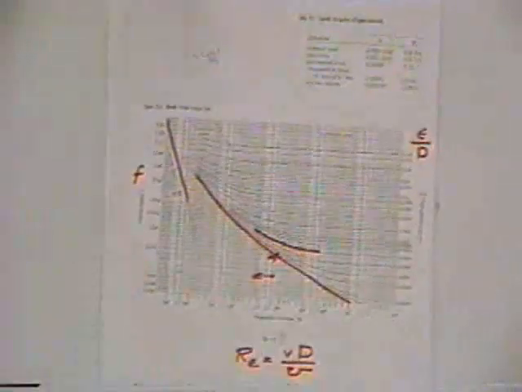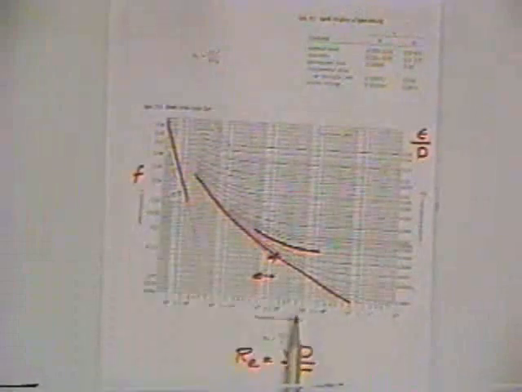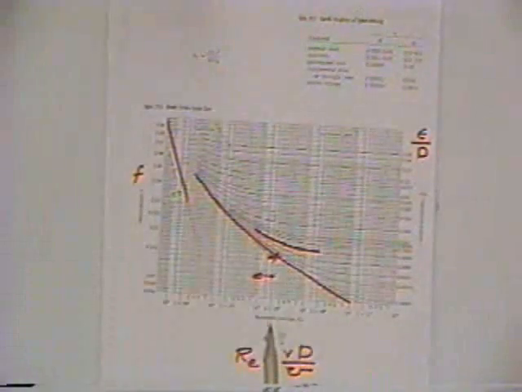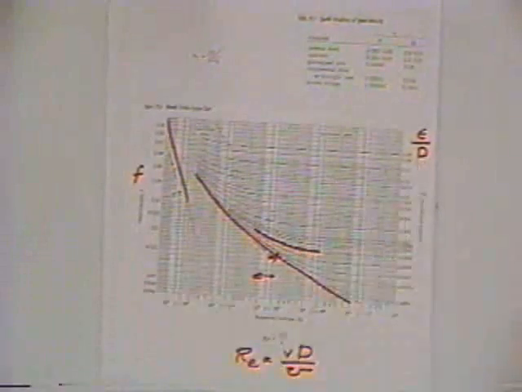Now, as you go in this area, if you pick any line, you'll notice there's a curvature to it. Because in this region, the friction factor is a function of both flow characteristics represented by the Reynolds number and pipe characteristics represented by relative roughness.